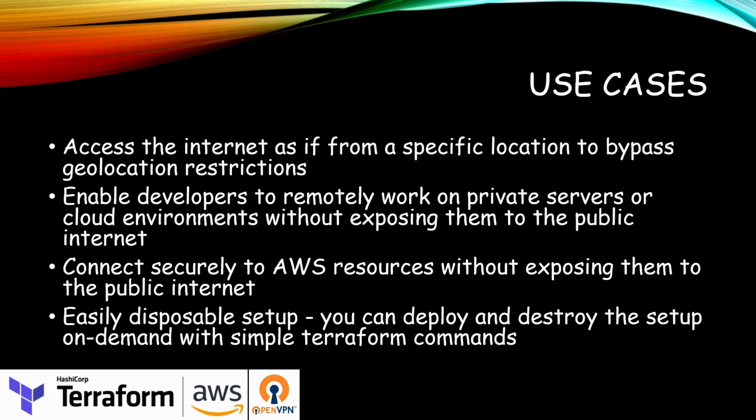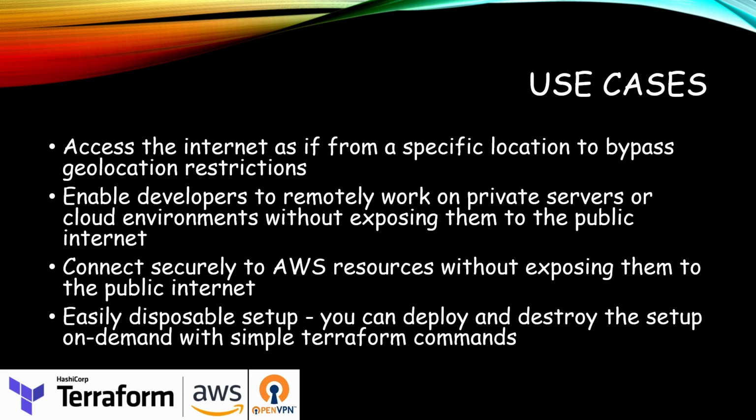There are different situations where you will need to have your own self-hosted VPN server. One of them is if you want to bypass some geolocation restrictions where you are prevented from accessing some particular websites and you want to bypass that restriction. As a DevOps engineer, you can create your own self-hosted VPN server to access your private resources on the AWS account.